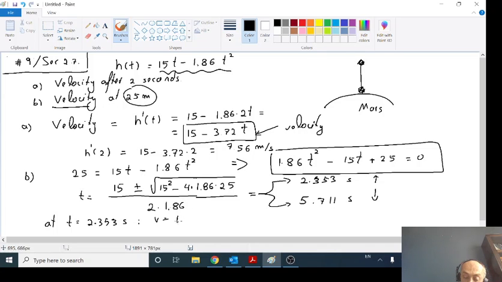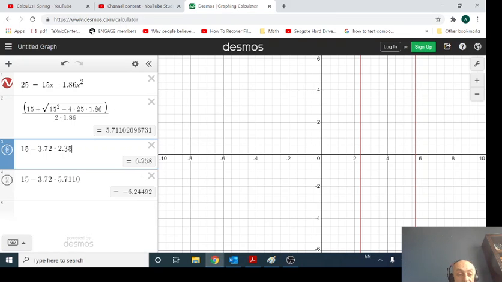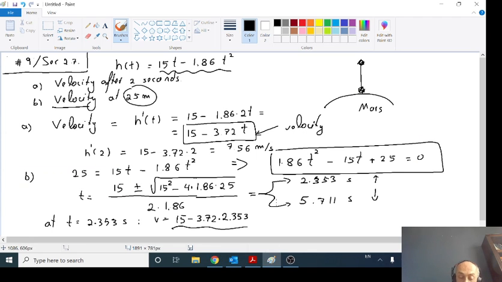Velocity is 15 minus 3.72 times 2.353, and that is what the velocity is, and I calculated that with Desmos, and that came up to be 6.2468, something like that.